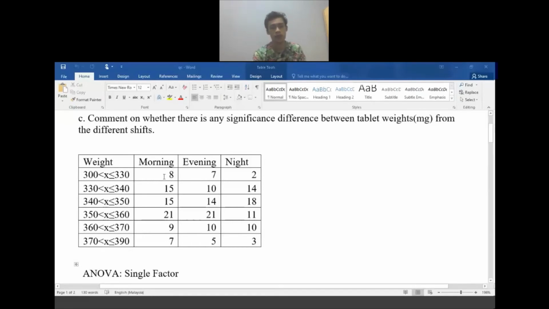So the value for each shift is the amount of tablets produced during that shift according to the range of weight.